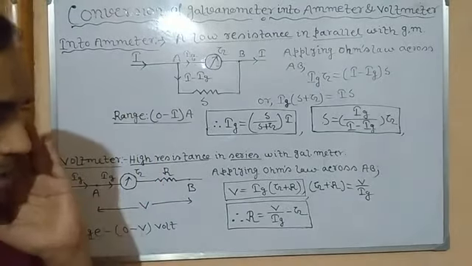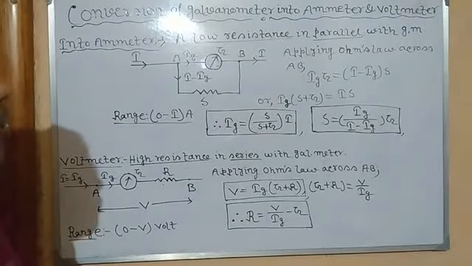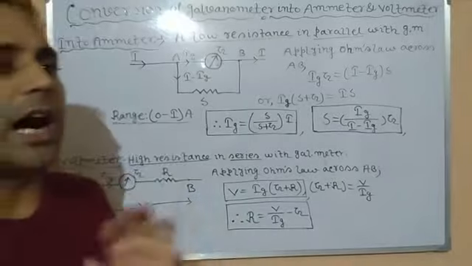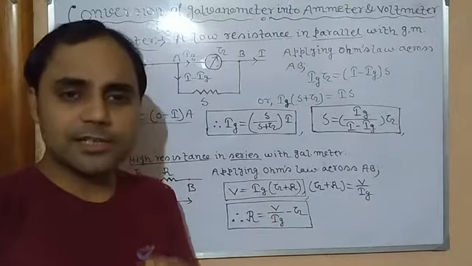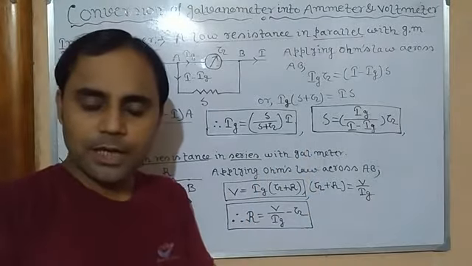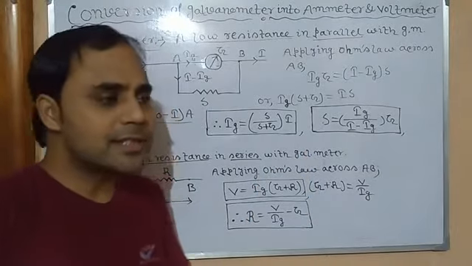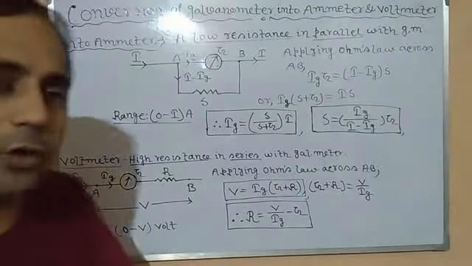Since the function of the ammeter is to measure the flow of current through the circuit, if its resistance is high, this high resistance will prevent the flow of current in the ammeter. Since its function is to measure the current, its property should be to allow the flow of current.